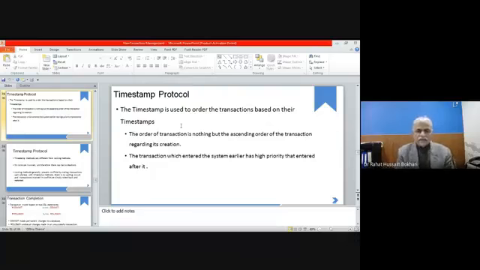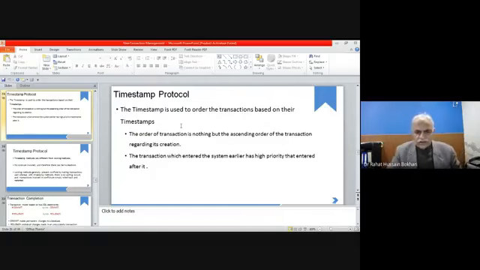And one another thing that is different from locking is basically time stamping. Timestamping protocols are used to order the transactions based on their timestamps. What does timestamp mean? It might depend upon the clock of the system.